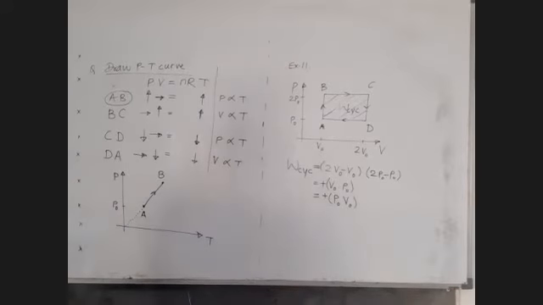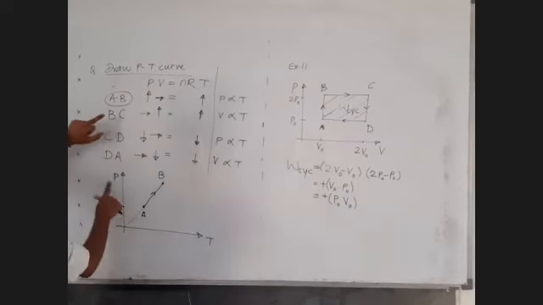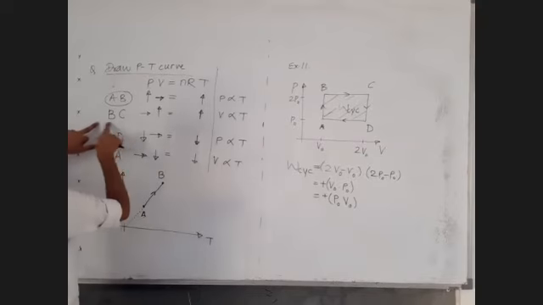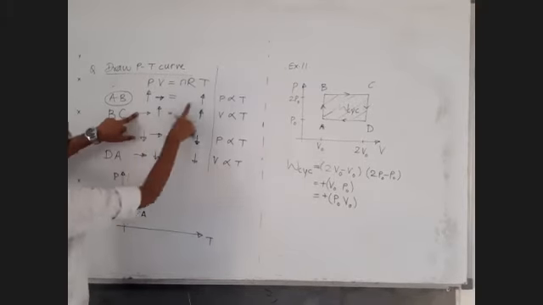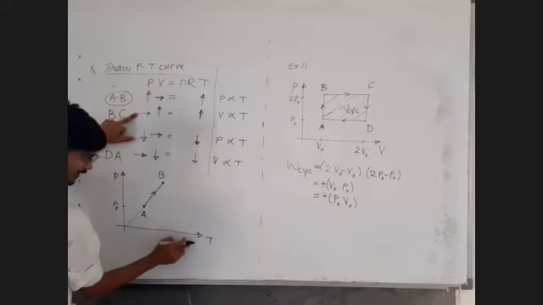Fine. Now I am at point B. If I am at point B, I will look at the curve B to C. Now in the curve B to C, pressure is constant and temperature is increasing. So this is very easy to draw. See, the pressure-temperature relation in the curve B to C: pressure is constant and temperature is increasing.